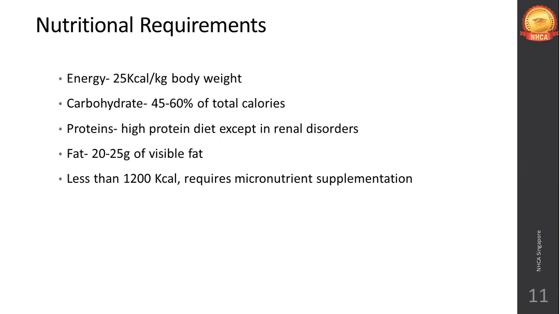If the diabetic diet is less than 1200 kilocalories, for example to control weight or deal with obesity, and you are prescribing them a 1200 kilocalorie diet or less, you will definitely require micronutrient supplementation, which means vitamin and mineral supplements.